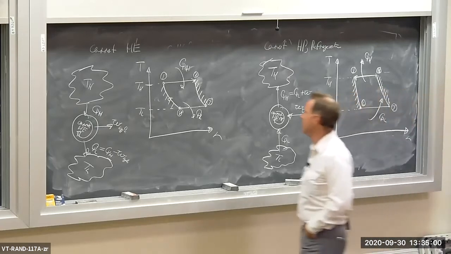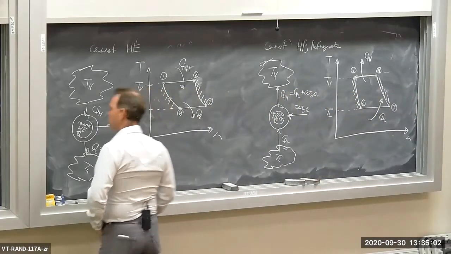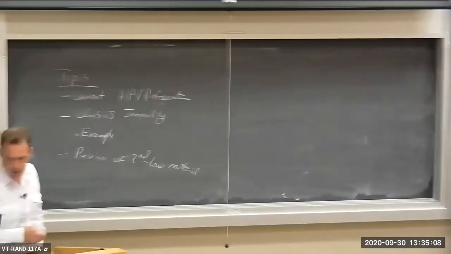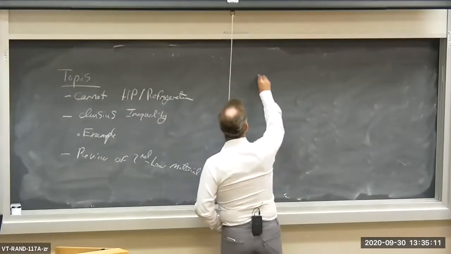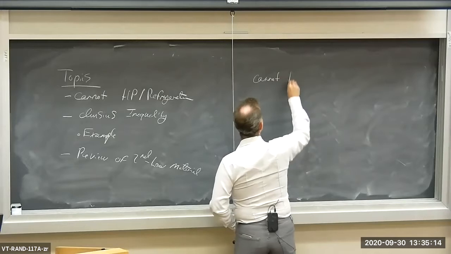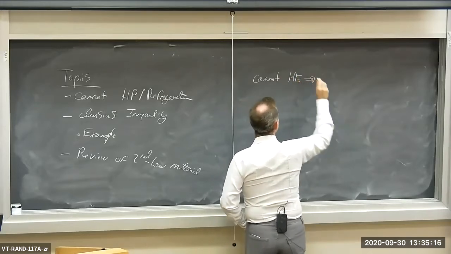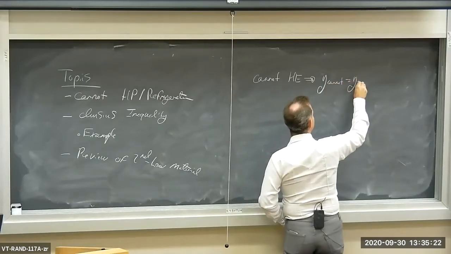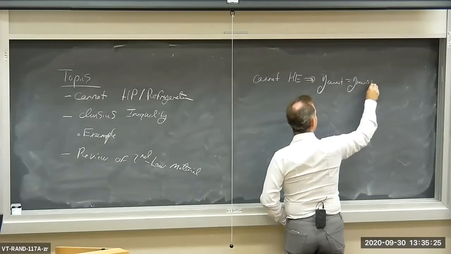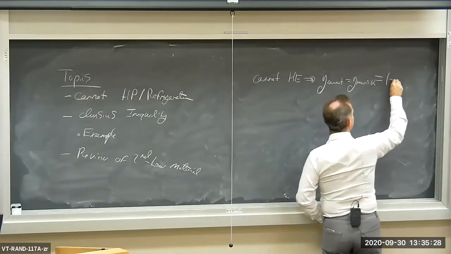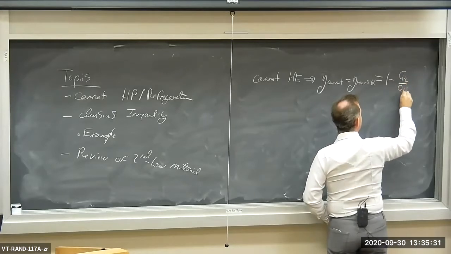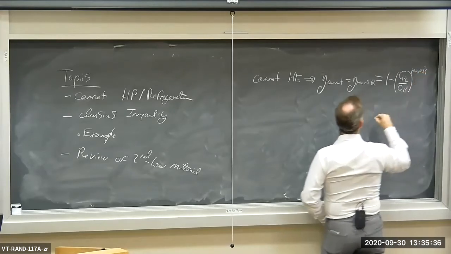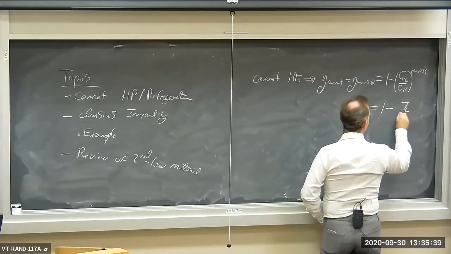One last little thing: the efficiencies. Let's remind you how to calculate the efficiency for the Carnot heat engine. The Carnot heat engine is reversible, so its efficiency is the efficiency for a reversible heat engine, which is 1 minus QL over QH for a reversible process, or if you like, 1 minus T low over TH.